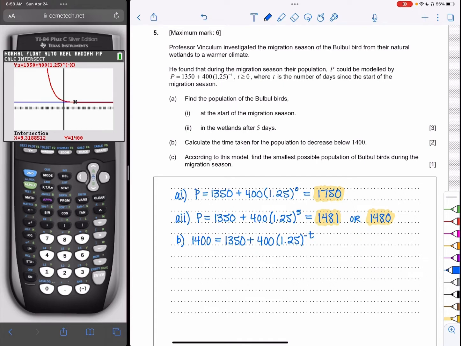So basically, I know that for them to actually be the same, it's going to be 9.31, or you can write out the full answer if you want. But I'm going to just write it in 3 significant figures. So I know that by this graph, it's going to take approximately 9.32 days for it to be below. Okay, so that is going to be my answer here.